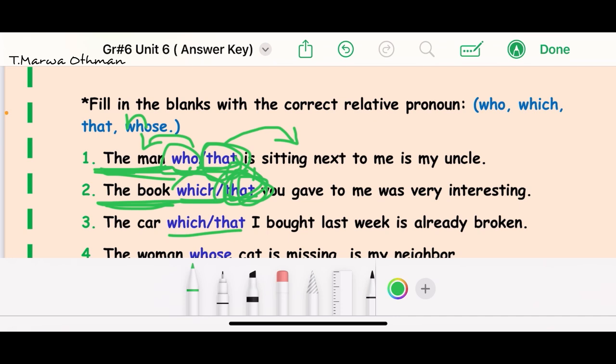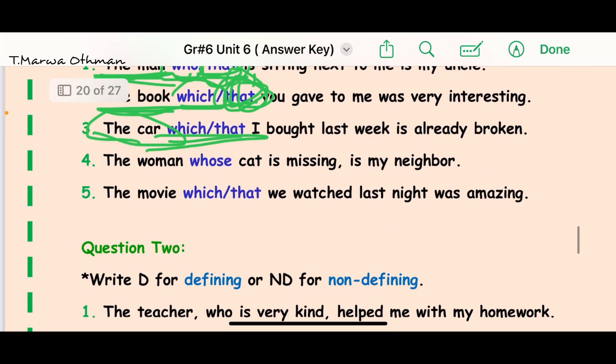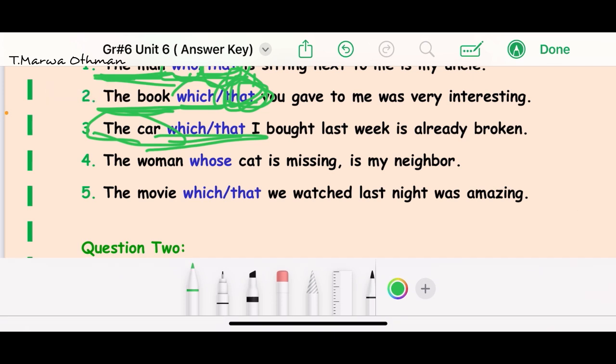Look at me here. The car, it's a thing, so for that reason we used which, or that. The woman here, it's people, but look before the blank, we have a noun here, and we have a noun here. If we have a noun before the blank and after the blank, we have to add whose, it's a possession.